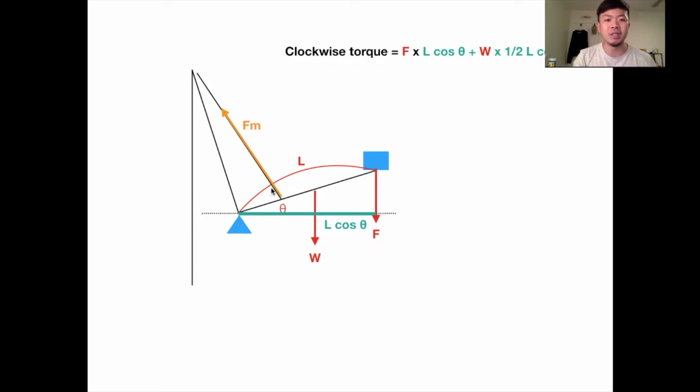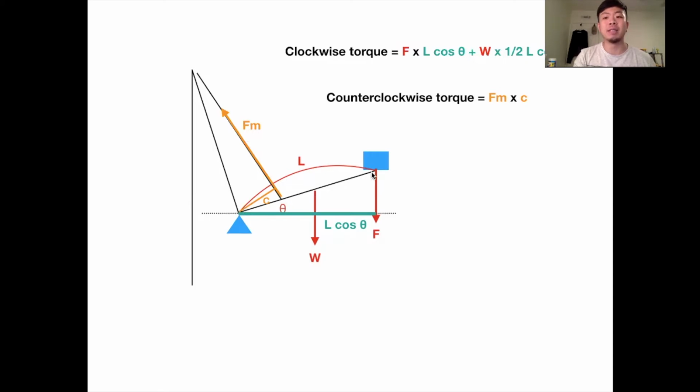So you can imagine that it'll become this one. We call it C. You can see it's perpendicular to the force and also crosses the axis of rotation. So you can calculate the counterclockwise torque as F muscle times C, right? Force times moment arm.